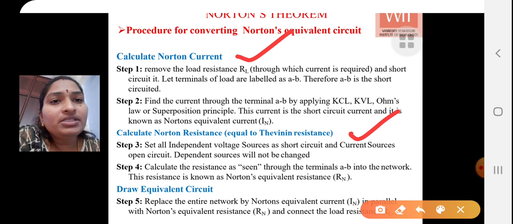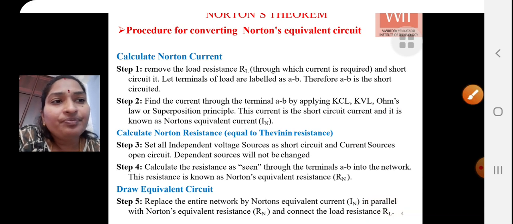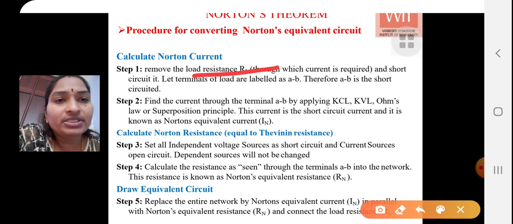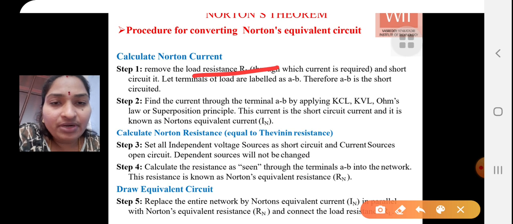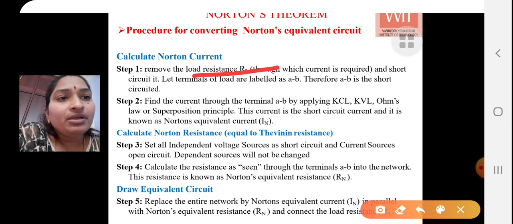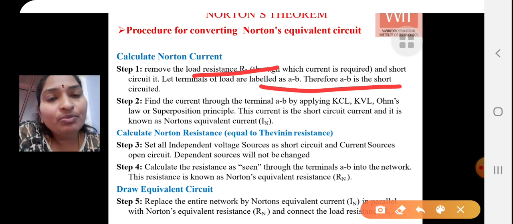Now let us see the procedure for finding Norton's current. The first step is to identify the load resistance, usually denoted with RL. If it is not given, the branch where we are going to find the response is treated as the load resistance. After removing this load resistance, treat those two terminals as A and B, and short circuit that path.